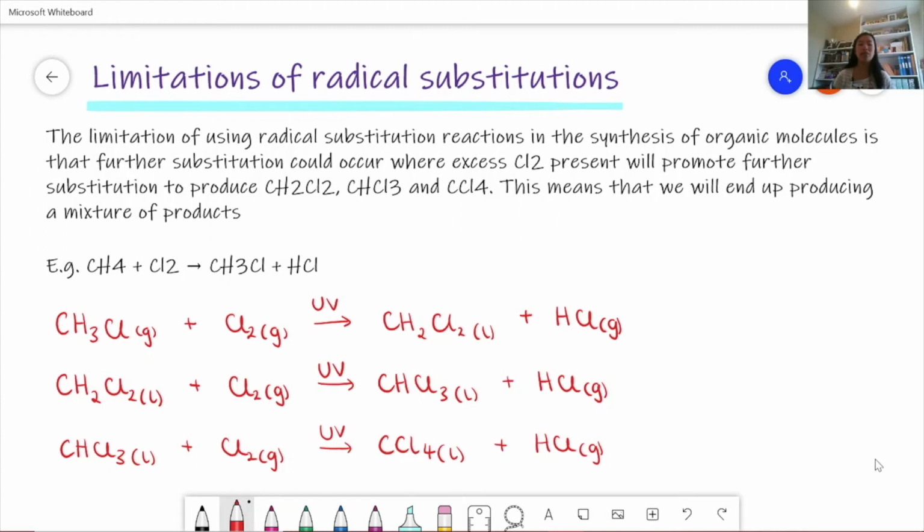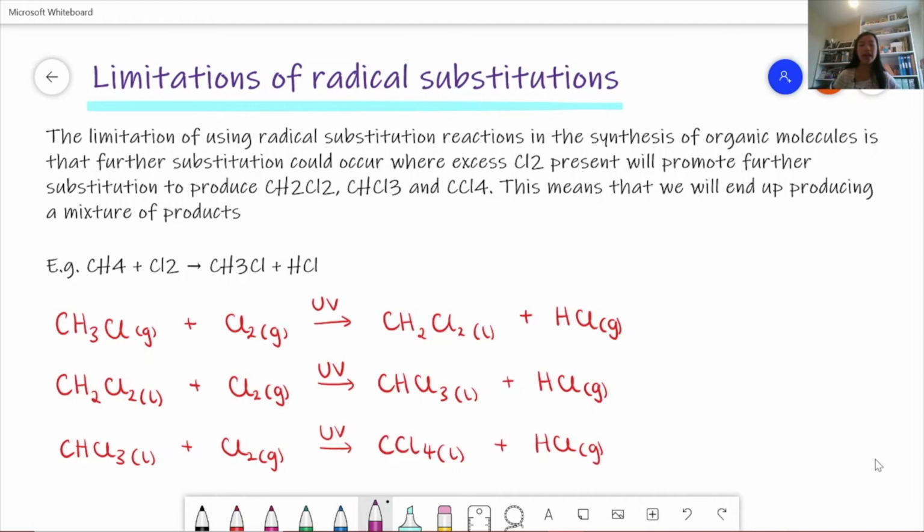And this means that we will end up producing a mixture of products instead of just the CH3Cl that we were after in the first place. So, for example, when we look at methane and chlorine reacting, we want to produce chloromethane. But if we have an excess of chlorine, we can end up producing all of these other three as well.